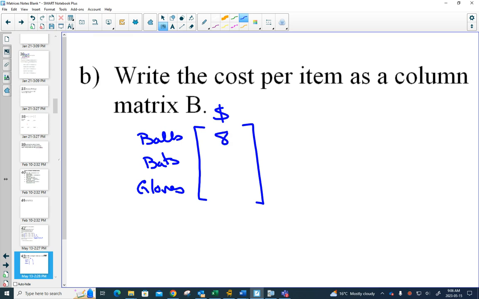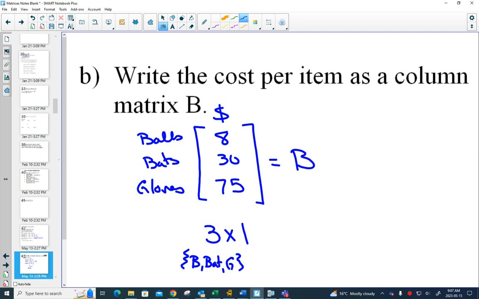The balls were 8, the bats were 30, and the gloves 75. And we notice this is a 3 by 1. We're going to call this matrix B. The 3 stood for balls, bats, gloves, and the 1 was a dollar sign, the cost.